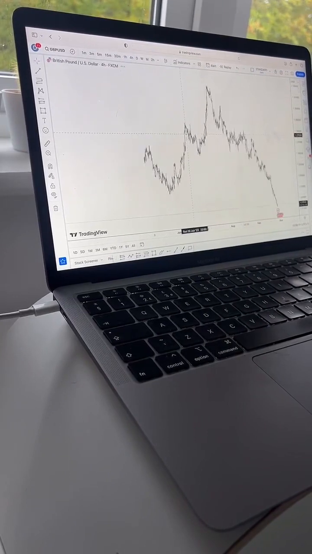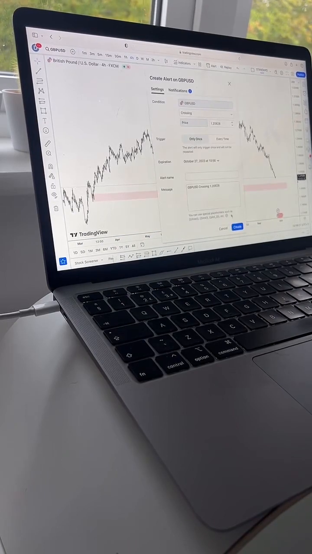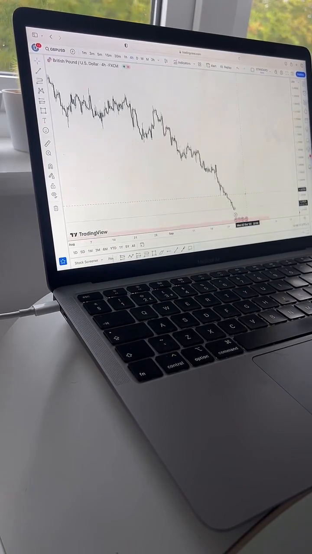Look on the 4 hour here. Interested in this zone for potential buys. Not really, it'd be very hard to get into this. There's no sell opportunity unless it comes up and sweeps all this liquidity, and then you can sell down with it.